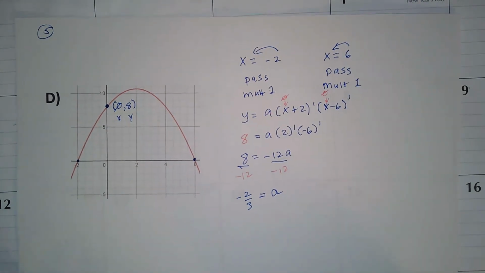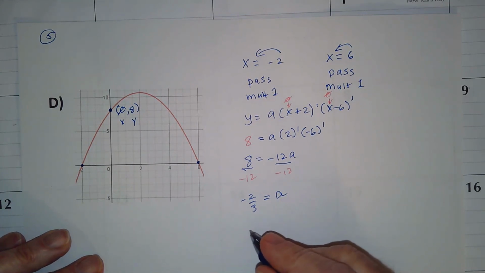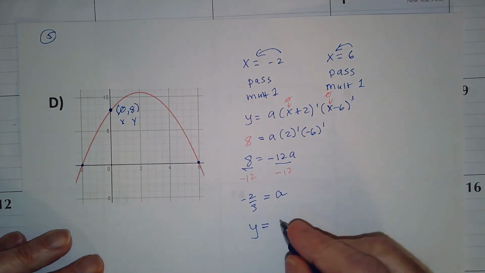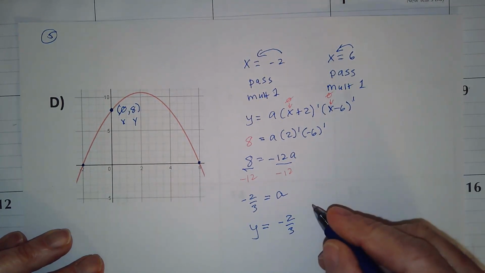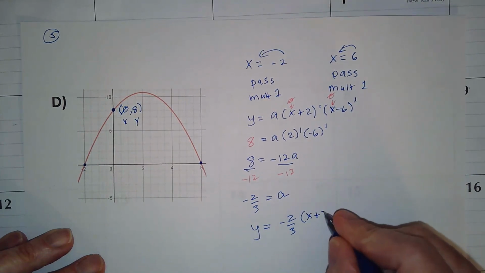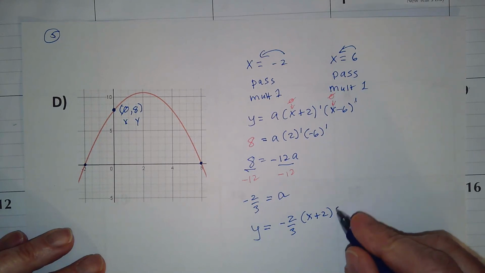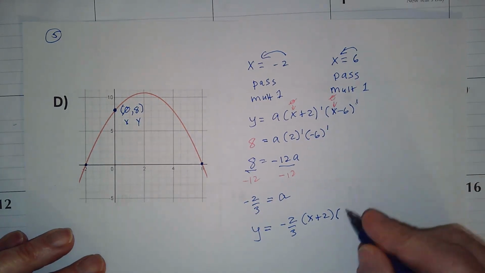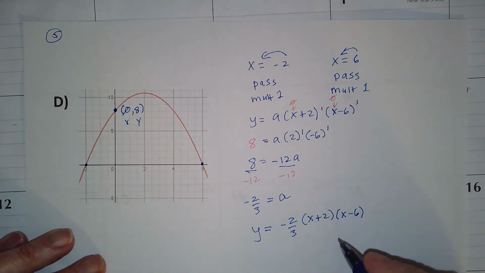All right. So we've got the A now. Let's write our equation. So y equals negative 2/3 times, here's our original x plus 2 bubble. It's to the 1, so we aren't going to put a 1 there. Now we're just going to keep it clean, and then times x minus 6. And that's also to the 1. So we can just assume that.